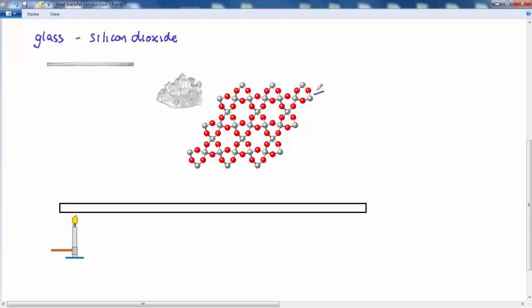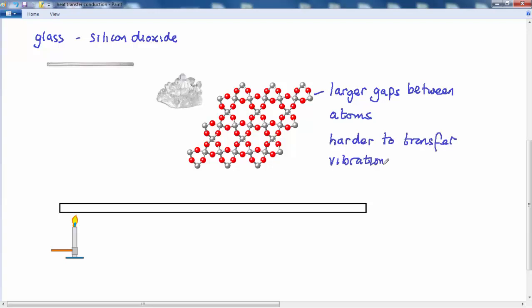But this means that there are larger gaps between the atoms in the glass or silicon dioxide structure. The red atoms here are oxygen and the white ones are silicon, and as a result it's harder to transfer those vibrations from one atom to another.